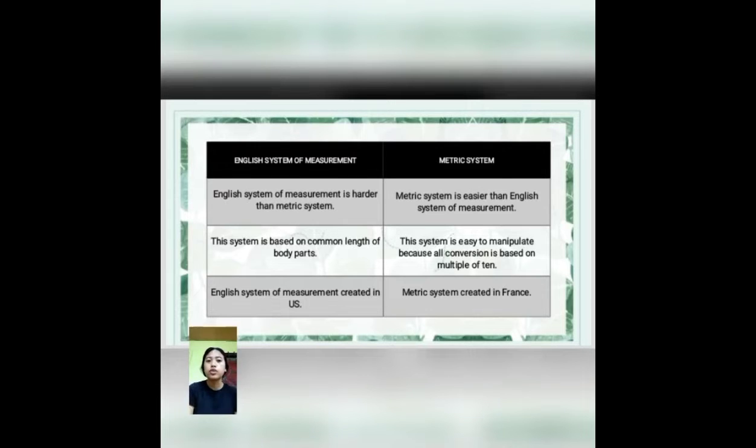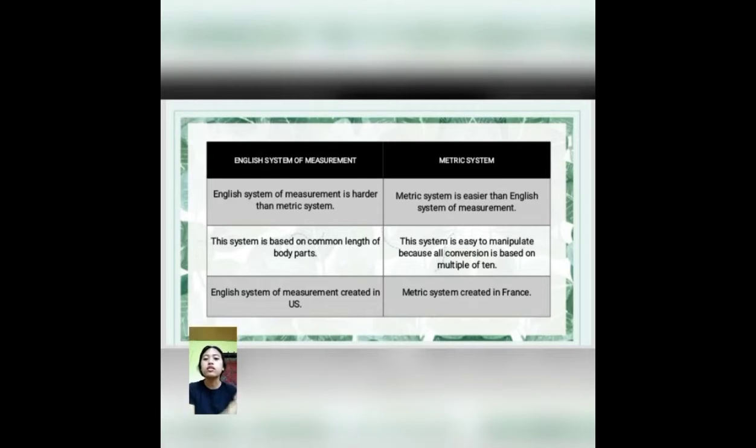Switching from centimeter to kilometer to meter is also very easy. For example, 1 meter is equal to 100 centimeters. And 1,000 grams is equivalent to 1 kilogram. So magamit siya power of 10.